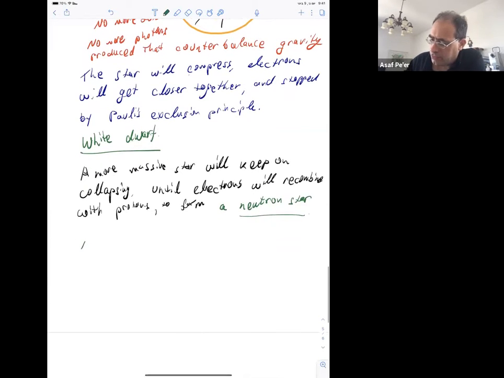All right, more initial mass. By the way, I don't know if you think of it, but the neutron star is just a huge atom. Then you end up with collapse into a black hole.